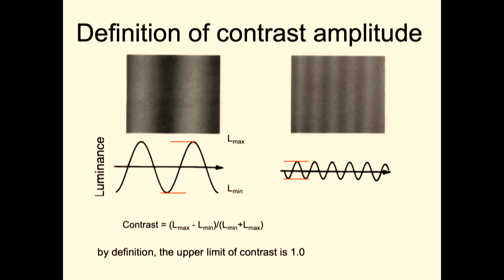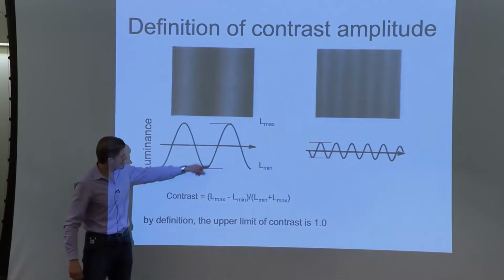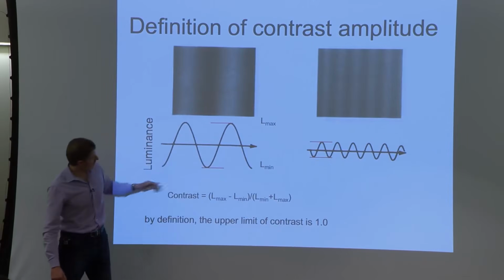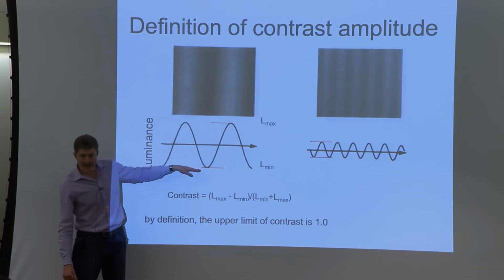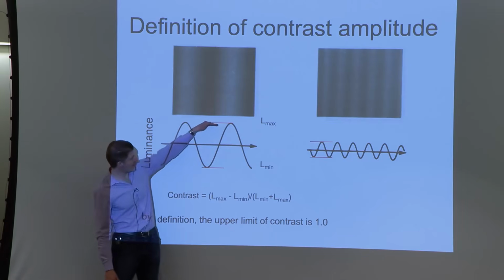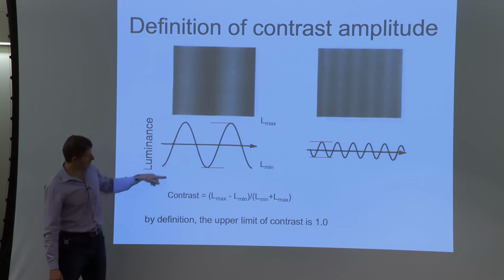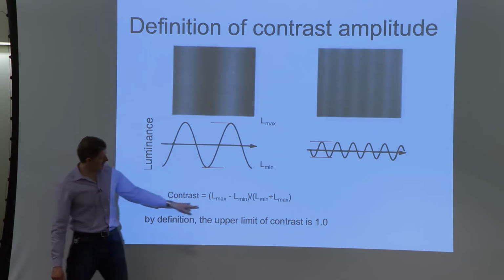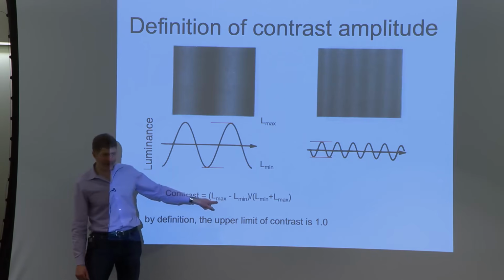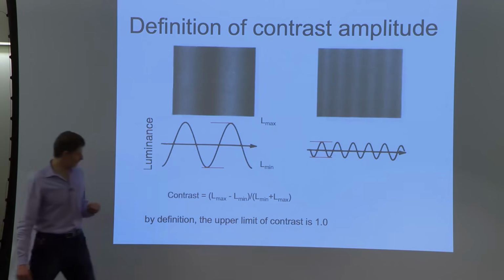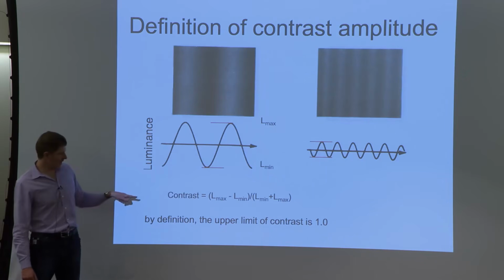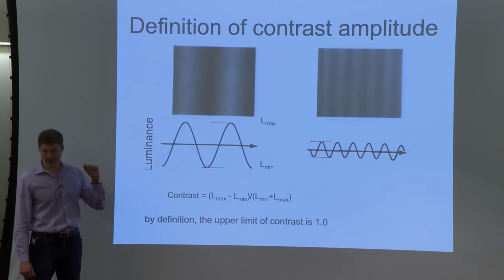If we have a sinusoidal grating where the luminance is varying spatially, sinusoidally, there will be a minimum luminance and a maximum luminance. And the contrast of the grating is defined by the difference between L max and L min divided by the sum. By definition, the upper limit of the contrast can be 1.